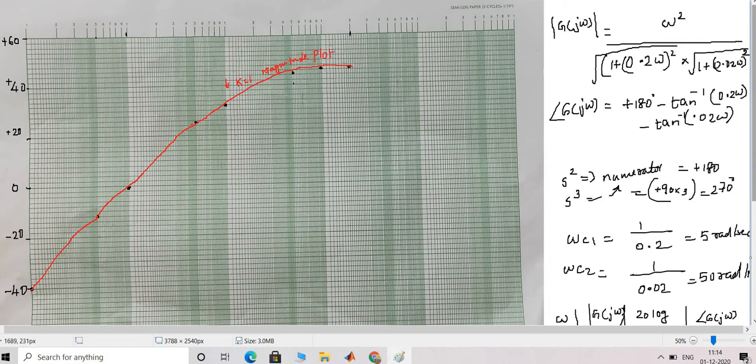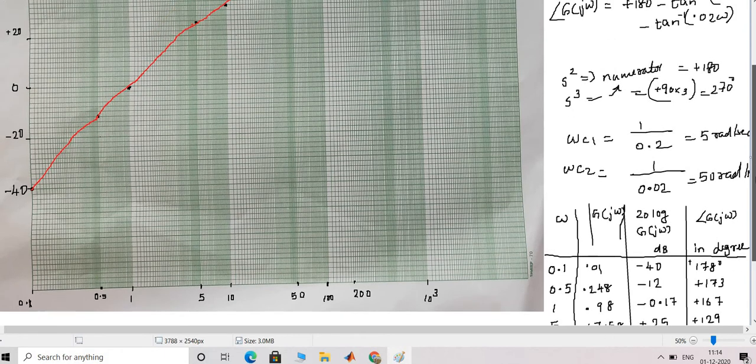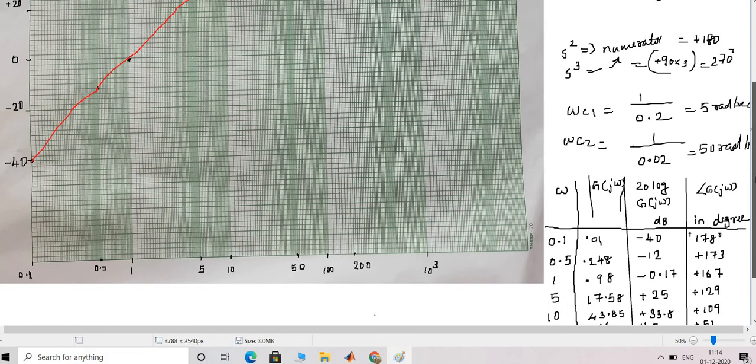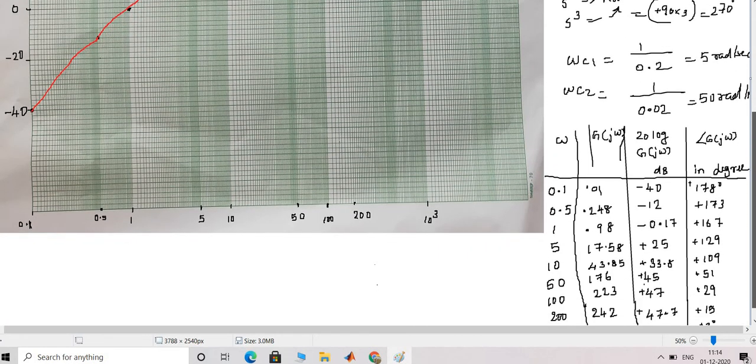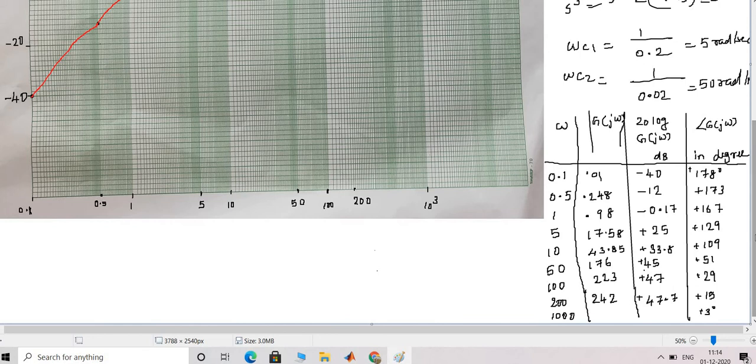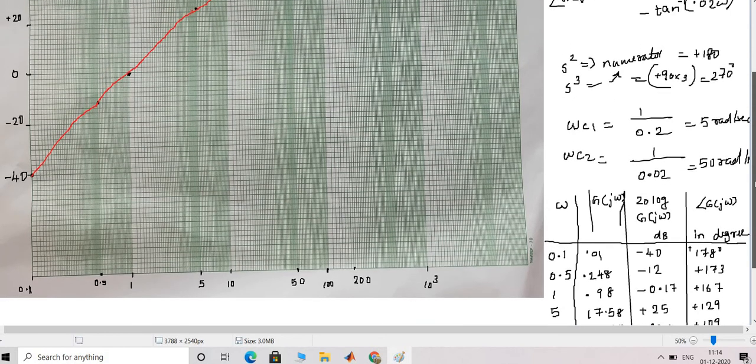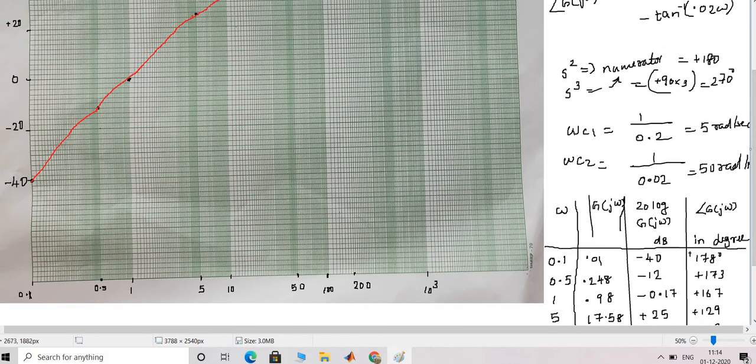The next step is we can plot the phase angle. If you are plotting the phase angle, the scale should also start from higher degree to lower degree. Here the higher degree is plus 178 and the lower degree is plus 3. So we can select the scale from plus 180 to 0. I am marking 0 here.